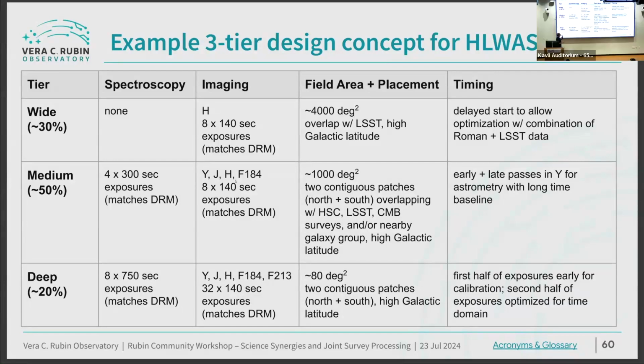For the wide area, you would limit that to a single band, for example, the H band, and then you'd be able to cover something like 4,000 square degrees, right, because of the increased survey speed. And then in the deep tier, we would expand from about 20 square degrees to 80 square degrees. And the idea is that you'd have these 3 different tiers that are each helping to calibrate each other so that you can control systematics based on the deeper information.